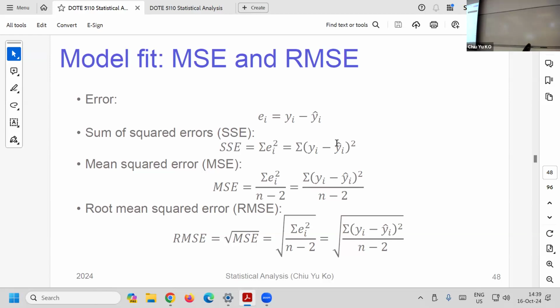We divide by n minus 2, and probably some of you ask why 2, not 1. There are a lot of reasons, but the main one is that we estimate alpha and beta. We have 2 parameters to estimate, so you take away 2. The denominator is determined by how many parameters you have.